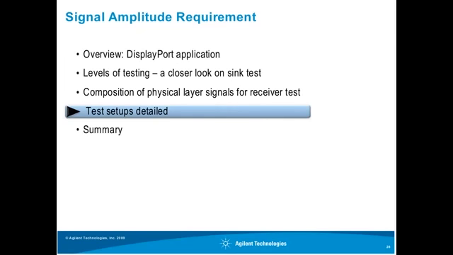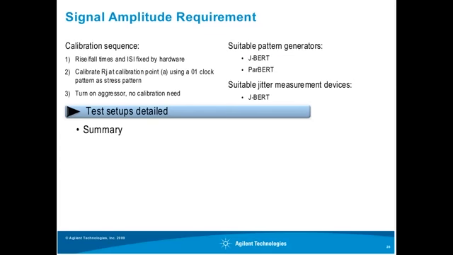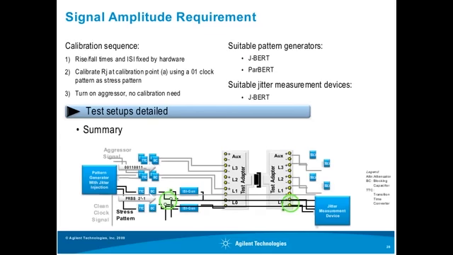So this finishes my physical layer basics section, and now I want to talk a little bit more about the test setups and about the calibration procedure. This pretty busy slide gives you the basic concept of calibration.